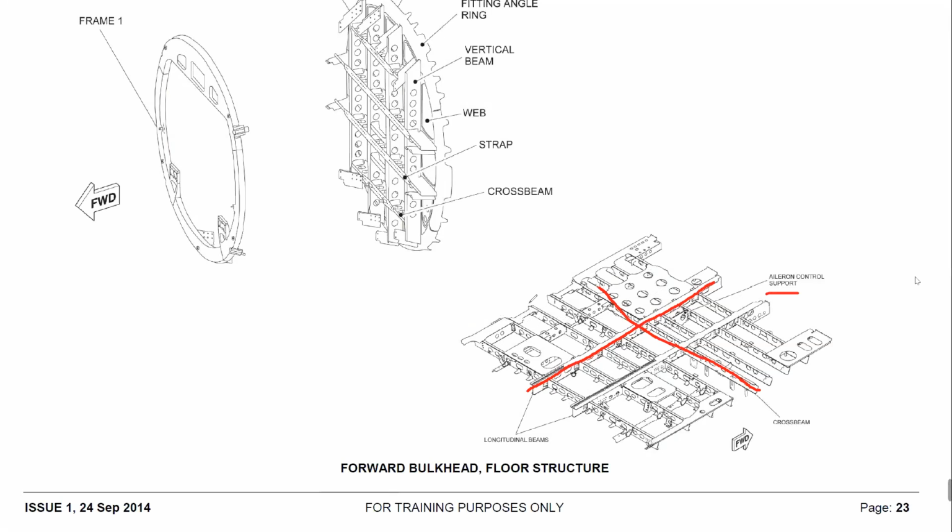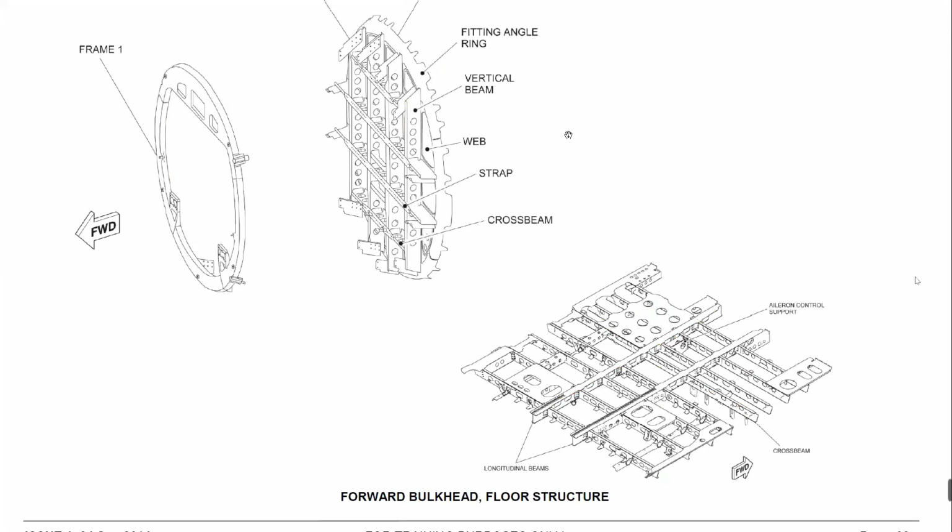You know that they're not only just cables passing through, but in some places we also have pulleys, we have quadrants. So we need some attachment points for these components. And as I told you, and you know from the flight control system, some of the cables are passing below the cargo floor, and some of the cables and components are installed below the cabin floor.